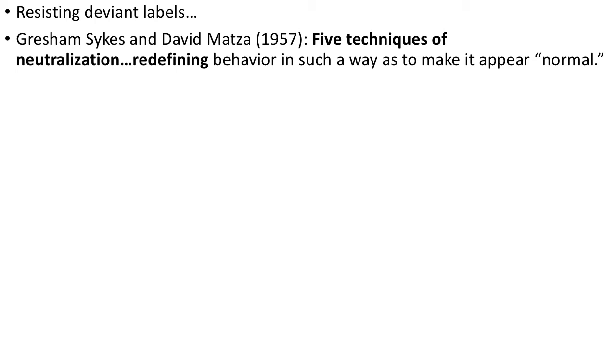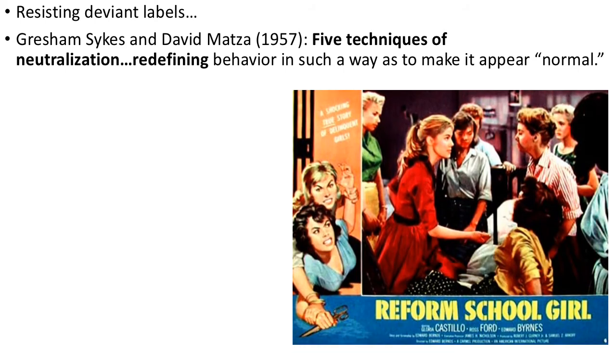Techniques of neutralization are ways that people try to redefine behavior to make it appear normal. So it's through these techniques of neutralization that people attempt to reject labels, to neutralize them, to counteract them.